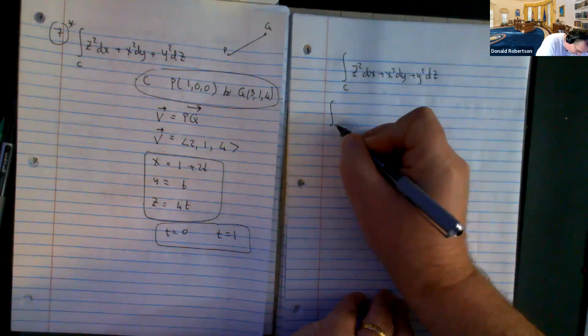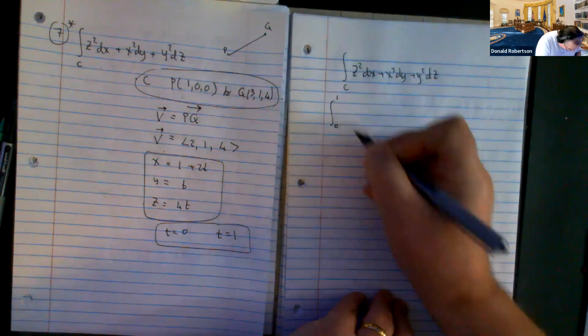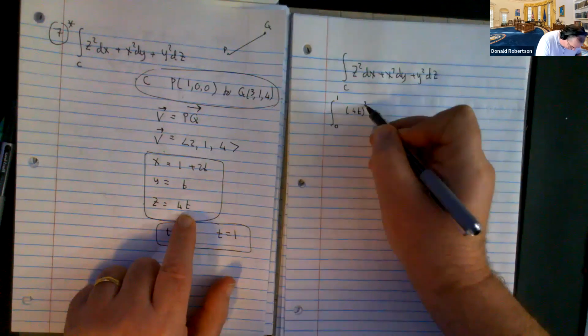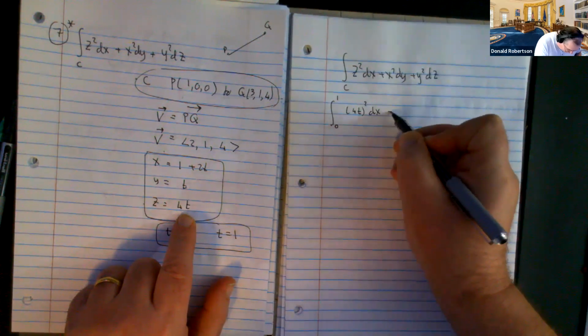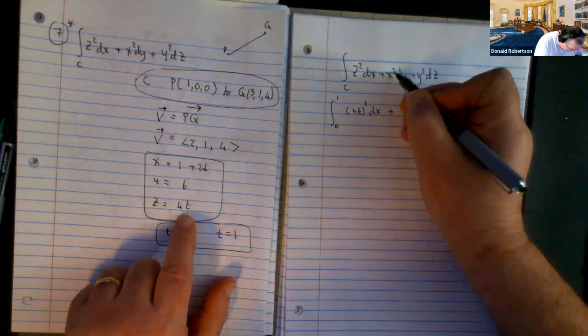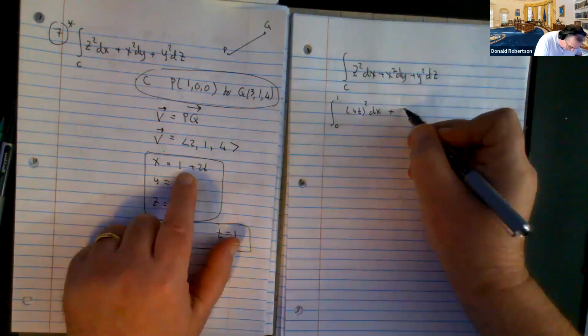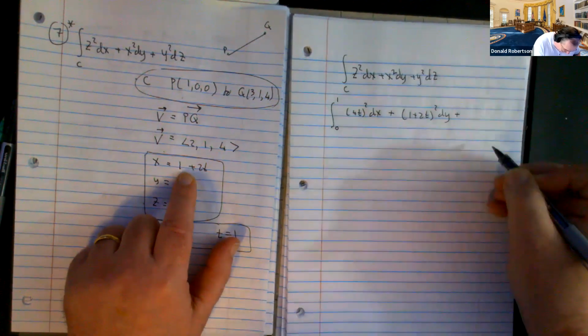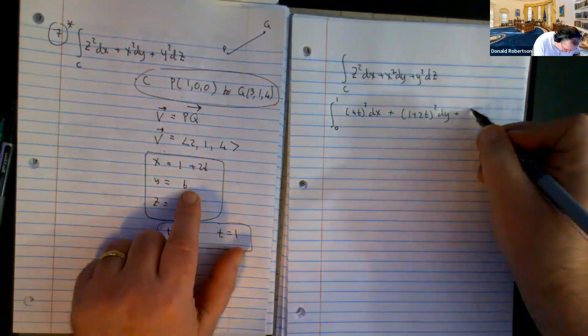So it's going to be the integral from 0 to 1. Instead of z squared, it's going to be (4t) squared dx. Instead of x squared, it's going to be (1 plus 2t) squared dy. And instead of y squared, it's going to be t squared dz.